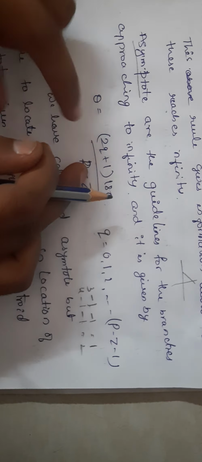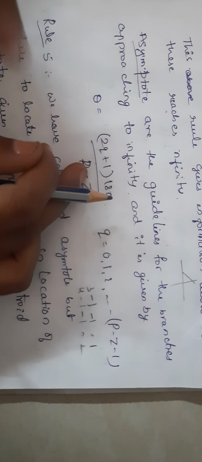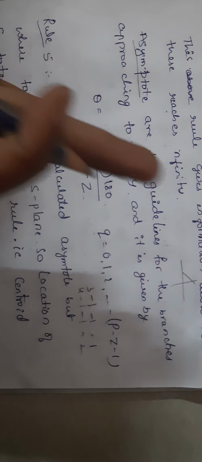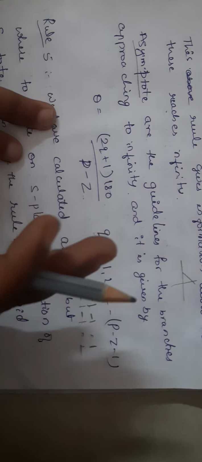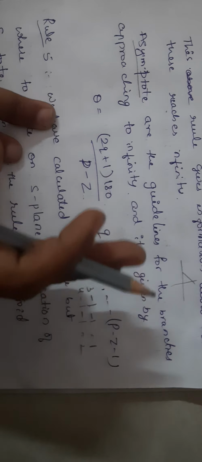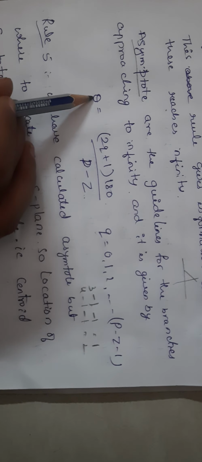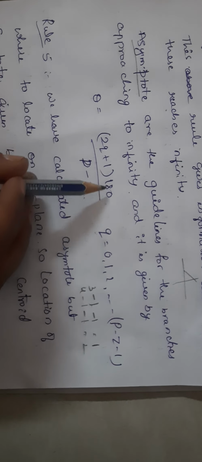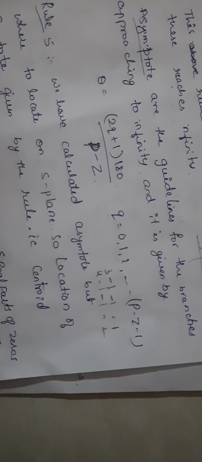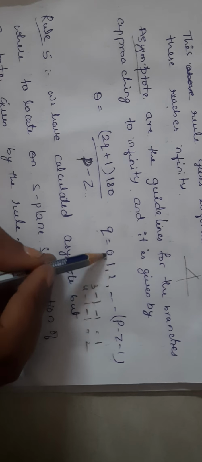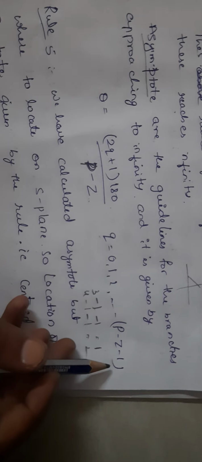That is the asymptote, the guideline for the path of a root locus, calculated as theta is equal to (2q plus 1) into 180 divided by (p minus z), where q varies from 0, 1, 2 up to p minus z minus 1.